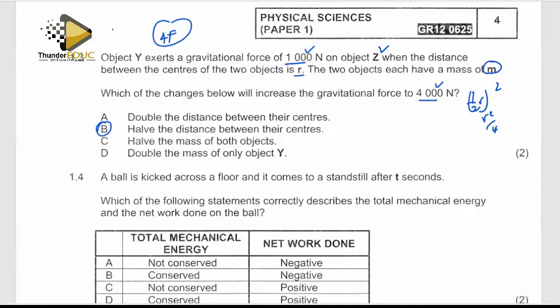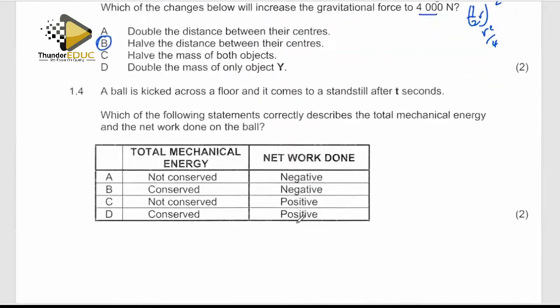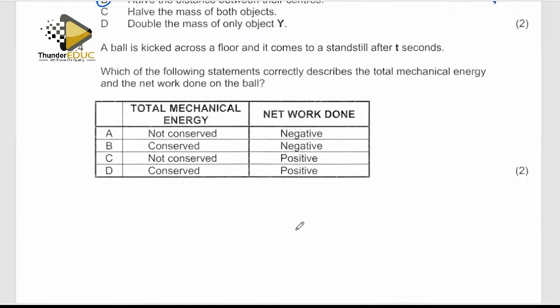Then 1.4, we're being told that a ball is kicked across the floor and it comes to a standstill after t seconds. Which of the following statements describes the total mechanical energy and the net work done on the ball? So the first one, total mechanical energy.